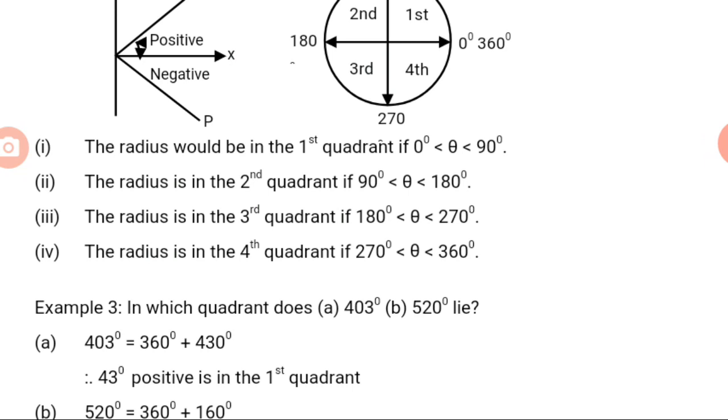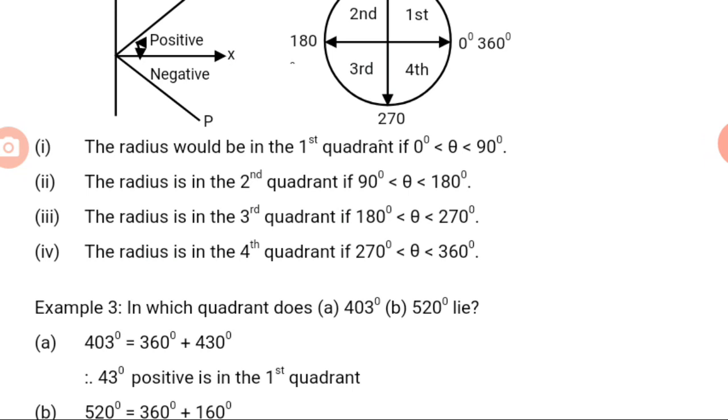So what we are going to do here is write 403 degrees as 360 degrees plus 43 degrees. Please, this is a typographical error. It is 360 degrees plus 43 degrees. That is, what are you going to add to 360 degrees that will give you 403 degrees?